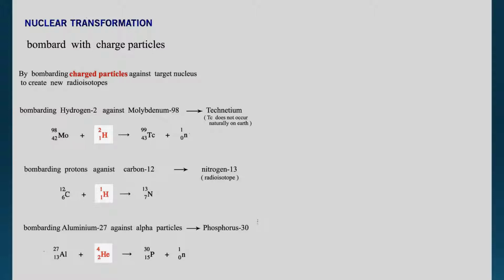So these three are the examples. You will see that sometimes, besides the new product, they will also shoot out an emission, but sometimes they don't. This is all decided by experiment. You cannot predict it just by the equation.